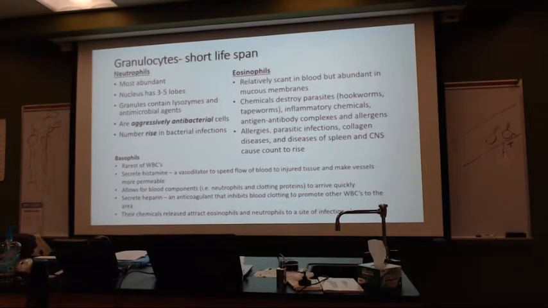That would be, for the most part, the area of entry for what the eosinophils attack. The eosinophils have chemicals in their little lysosomes that can destroy parasites. For example, hookworms, tapeworms. They have inflammatory chemicals.